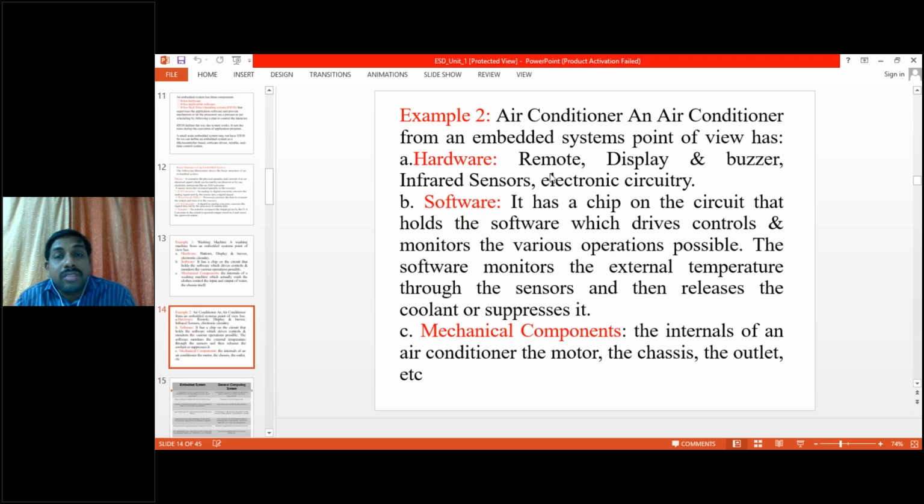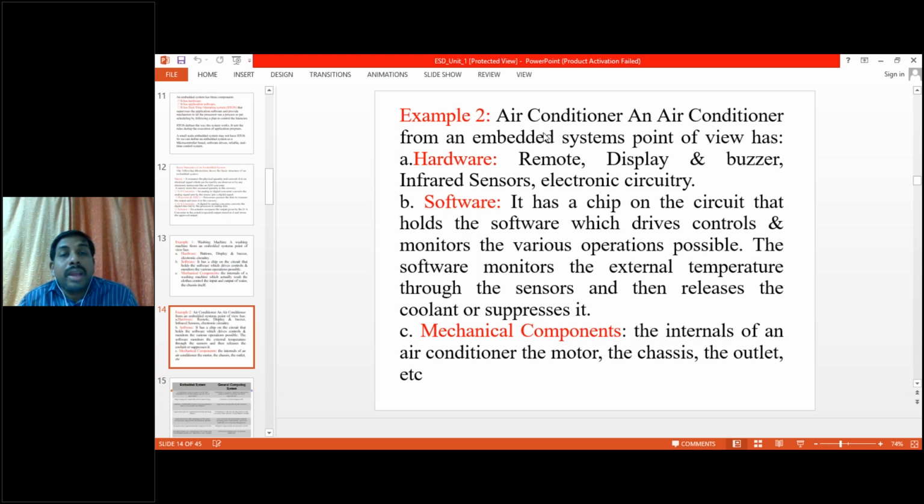If you see the air conditioner system, all embedded systems will have three parts: one is hardware, another is software, and another is RTOS. Because these two examples are household appliances, we are not using a real-time OS. But if you go for a flight control system, air navigation system, or missile launching system, there we are going to use a real-time OS because our embedded system must give results in time and they must be deterministic.